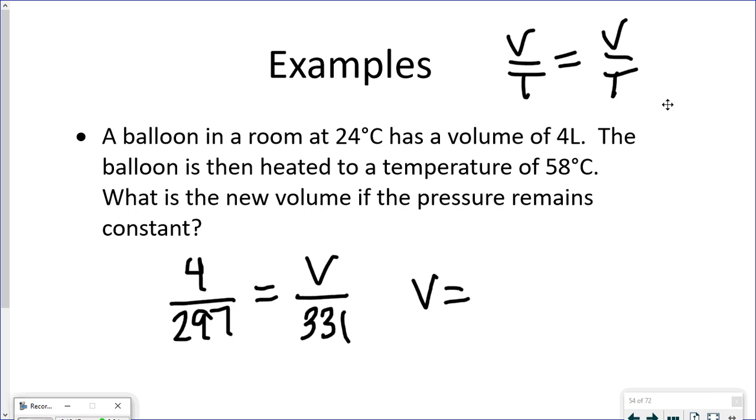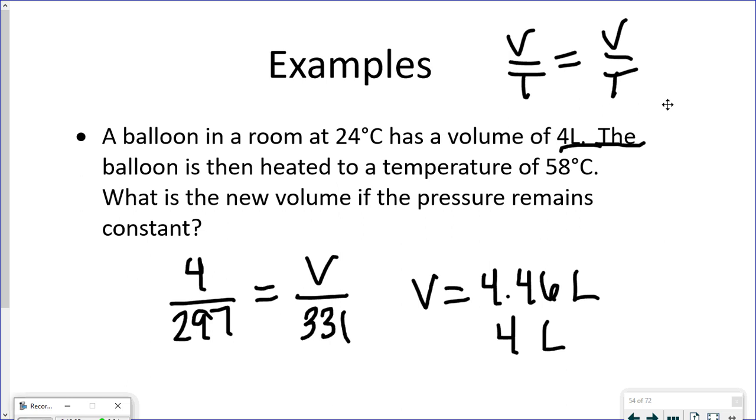And generally, you're going to be given more numbers for sig figs, but based off of the 4 liters given, there's only one sig fig in that number, so you can round this to 4 liters with that one sig fig.